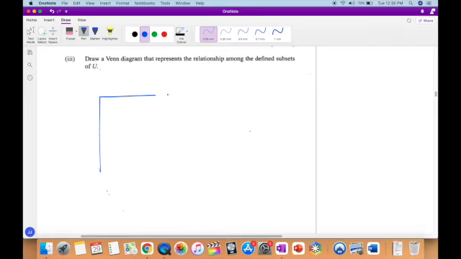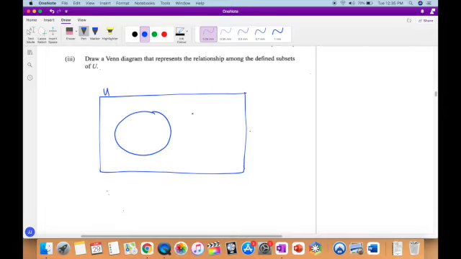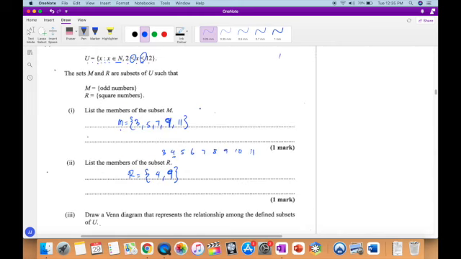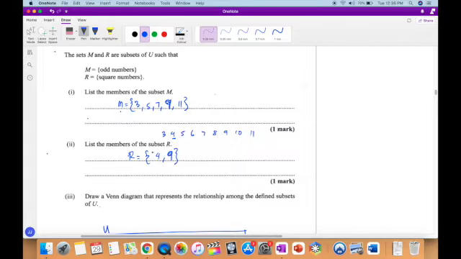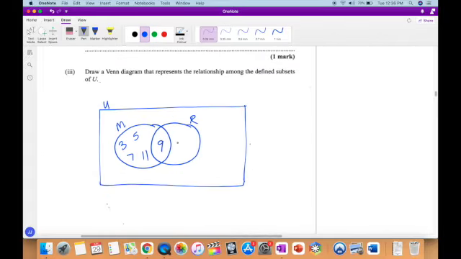We have U, and then we have M and R intersecting, with 9 in there. With M we have 3, 5, 7 and 11, and in R we'll just have 4, and of course they both share 9.